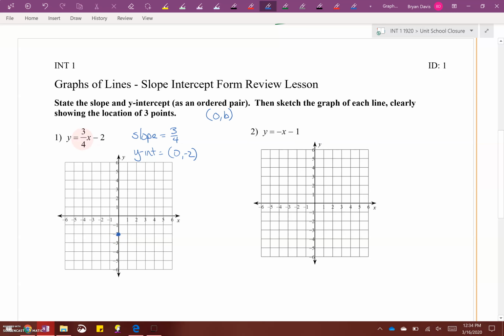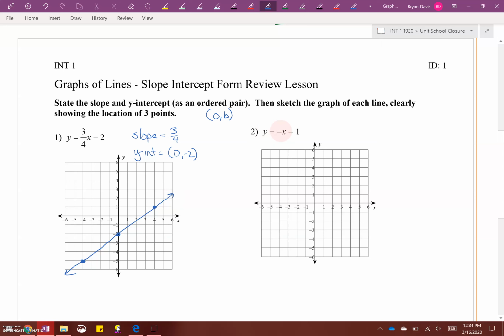I know a slope of 3 over 4 is positive, so I'm going to end up going up 3, right 4. There's point number 2. I notice if I go up 3, right 4, again, I fall off the graph. So instead, I'm going to go down 3, left 4. There's point number 3. Happiness abounds. There's my line.